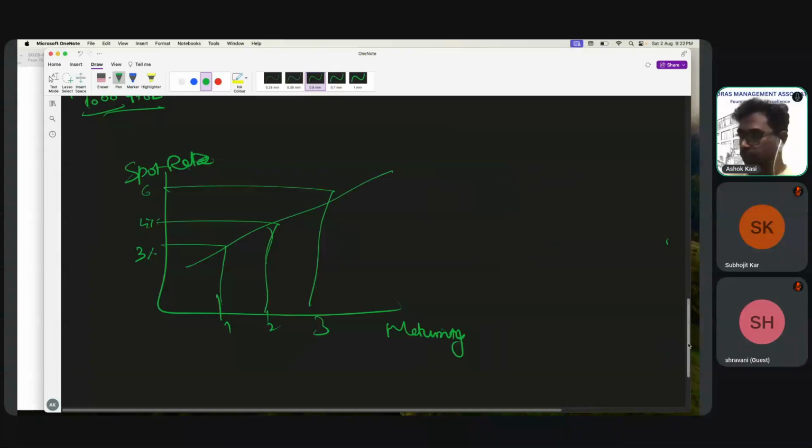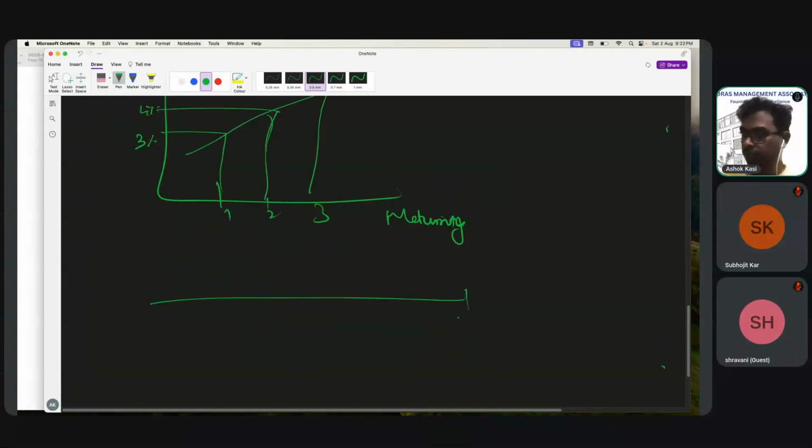In fact, imagine a 3-year zero coupon bond. So the coupon is zero. Imagine we want to calculate IY.